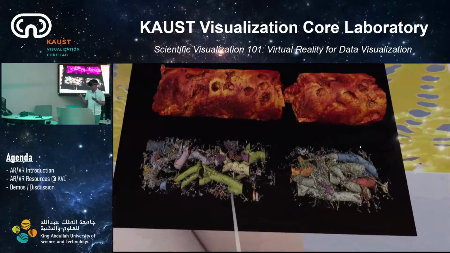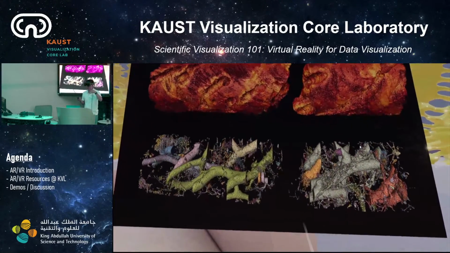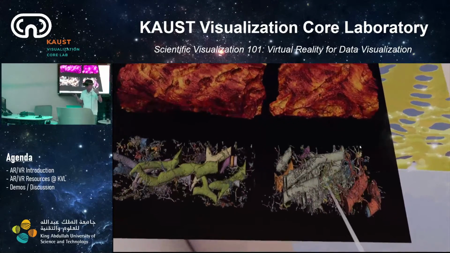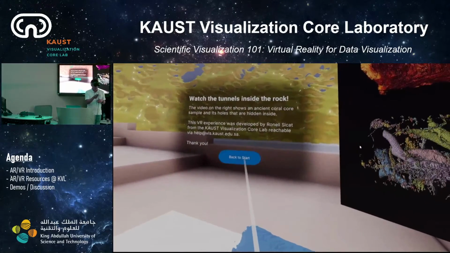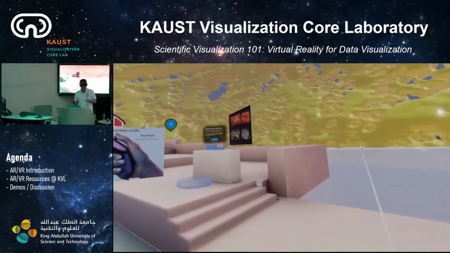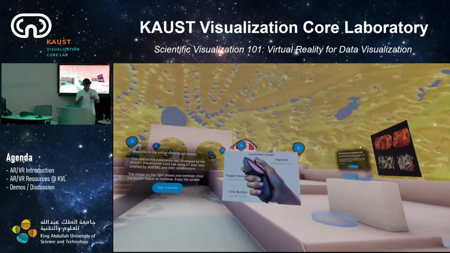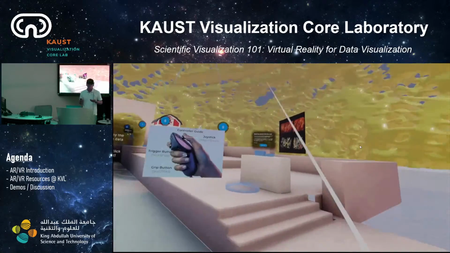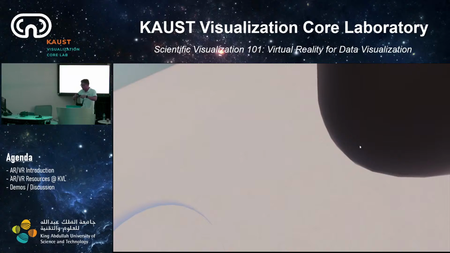So you see them here. It's basically seeing inside the data, right? So that's it. That's the exhibit. And again, it's more about simple interactions, telling a story about the data, okay? So you'll get to try this later.